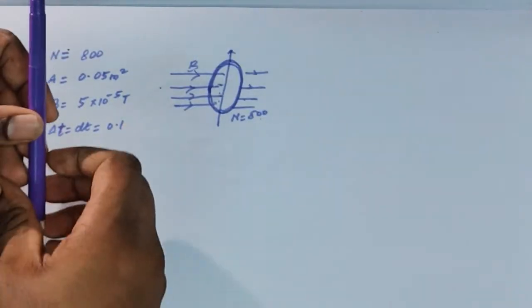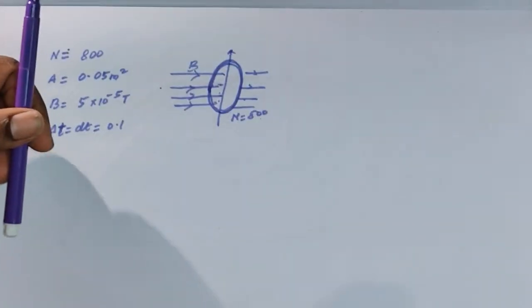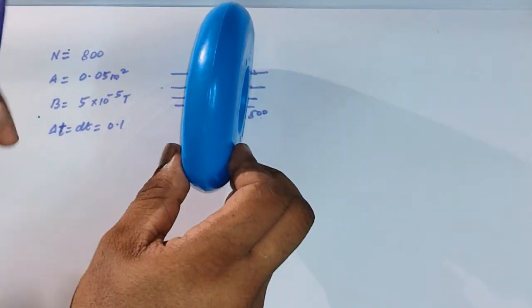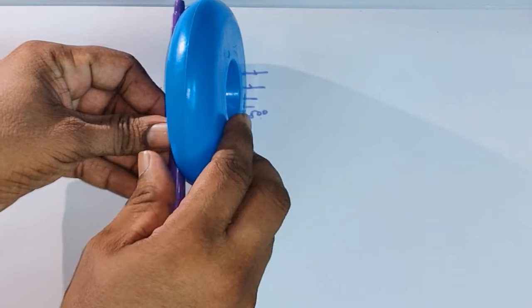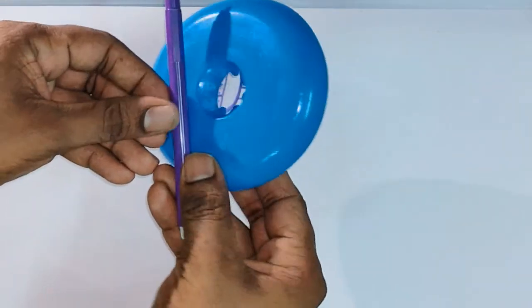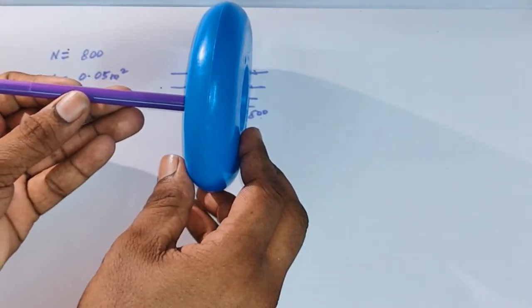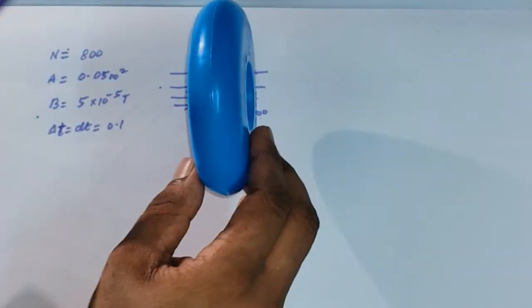Suppose this is the coil with its number of turns, and the perpendicular magnetic field is like that. We are going to rotate this by 90 degrees. 90 degrees means it will turn like that, exactly perpendicular.